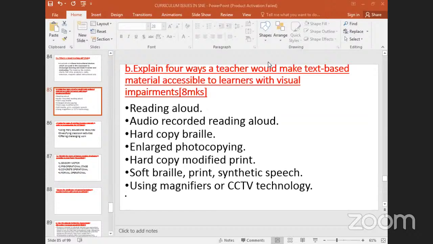How can you modify hard copy prints? Make them large. What else? Now, if it is a map.